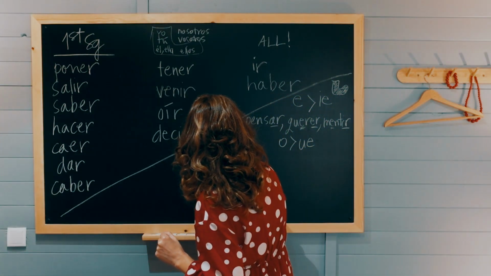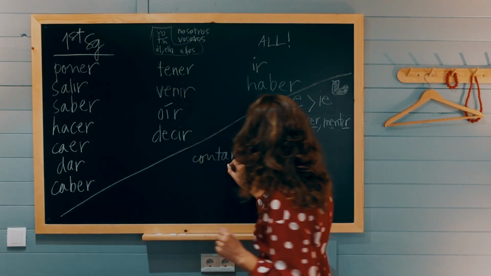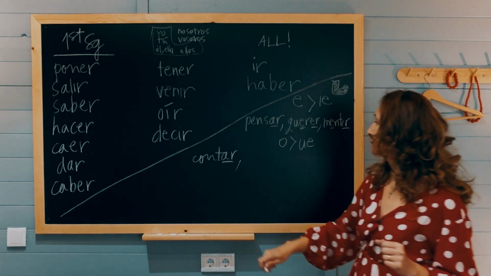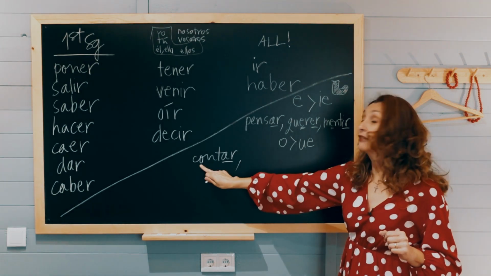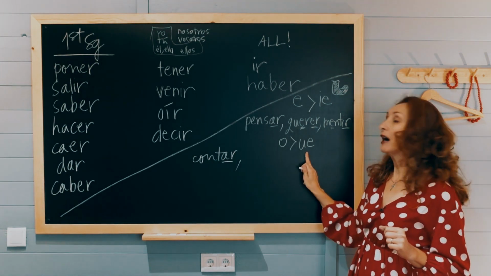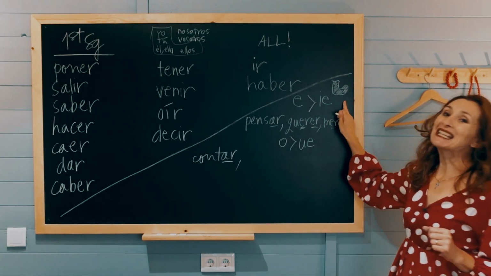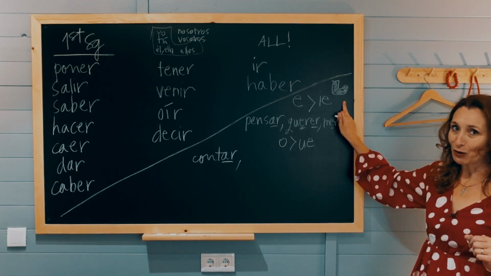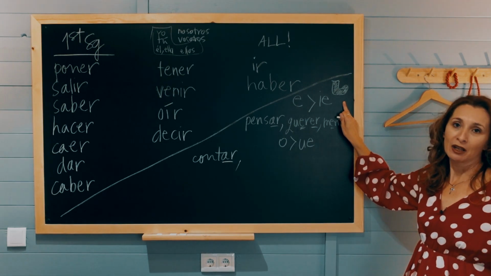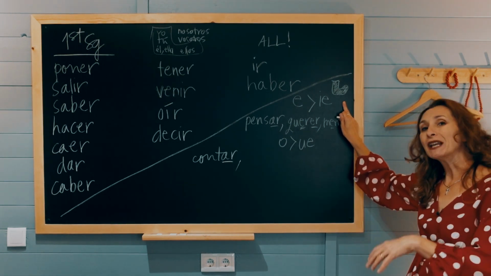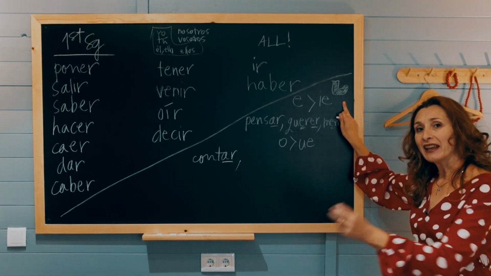So let's see. From the first one, we have contar. That's the first conjugation, a verb ending with ar, and this o will become ue inside the boot only. We will say I count, you count, she counts, we count, you count, they count.